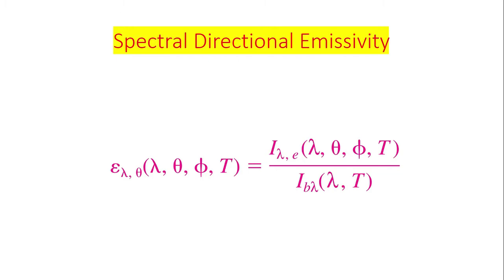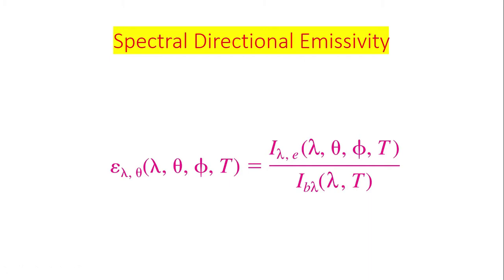This is the formula of the spectral directional emissivity. Emissivity is the ratio of the radiation emitted by a real surface and the radiation emitted by the black body, or the radiation intensity of the real surface and the radiation intensity of the black body.